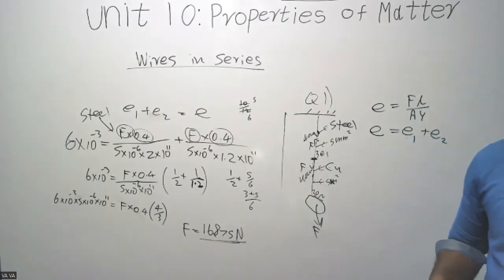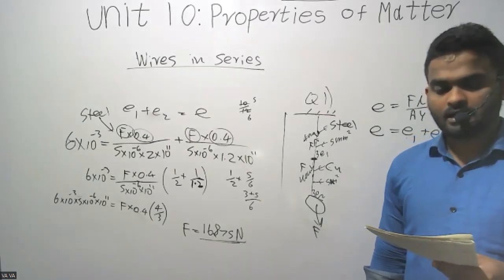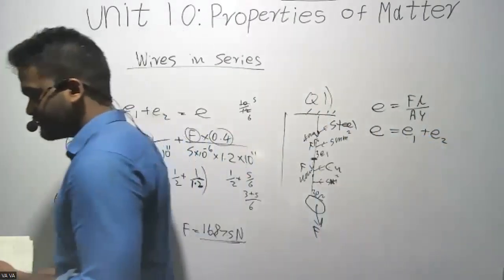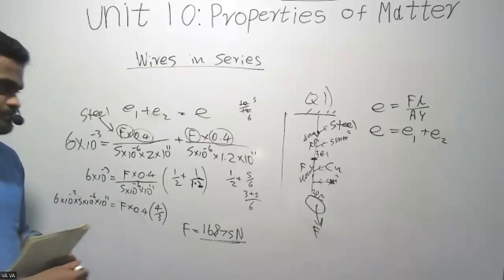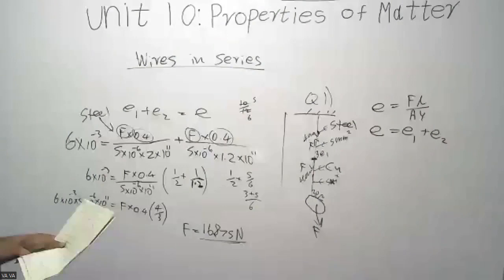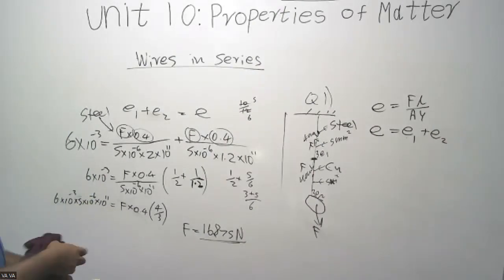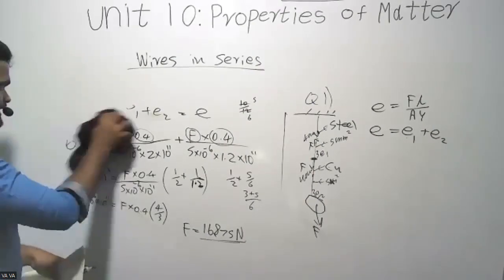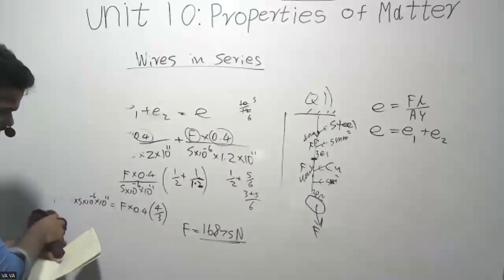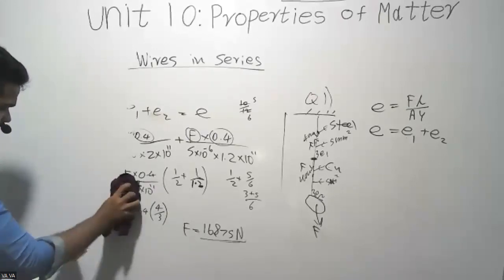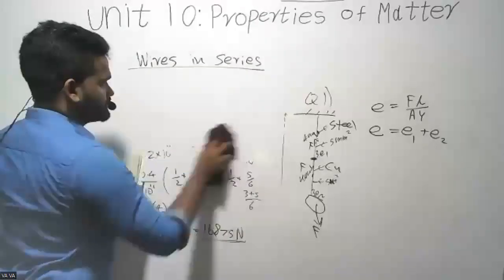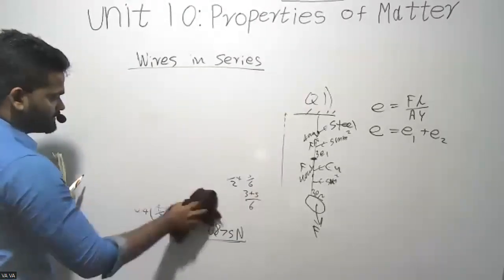Question 2. A wire is made of a material with break-in stress 6 times 10 to the power 8.